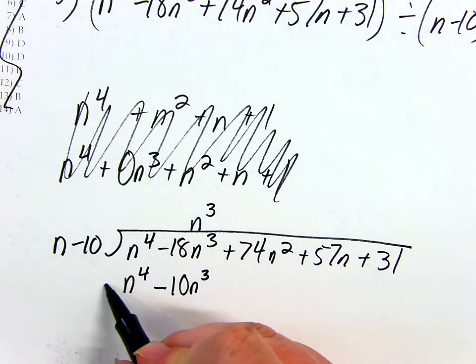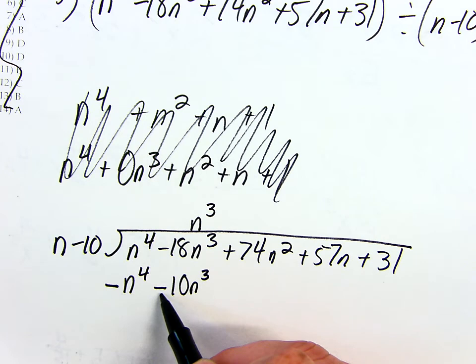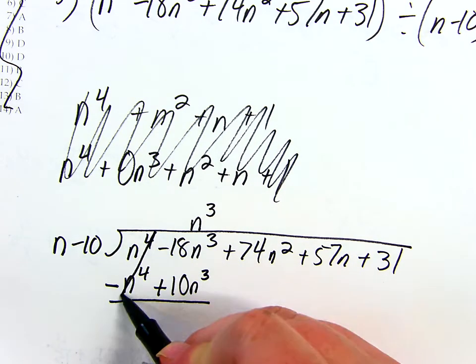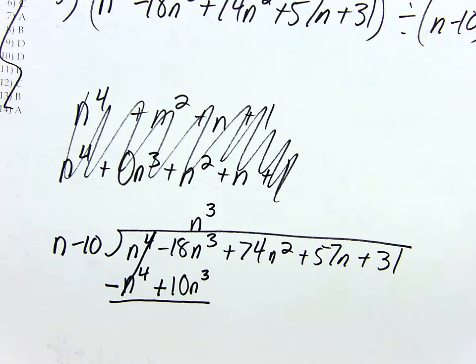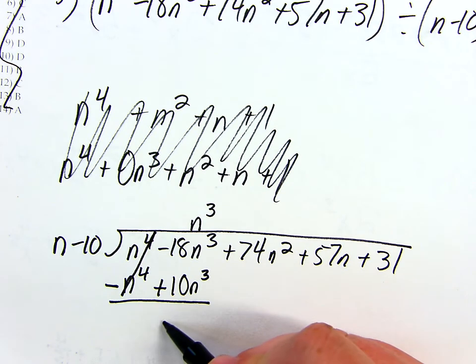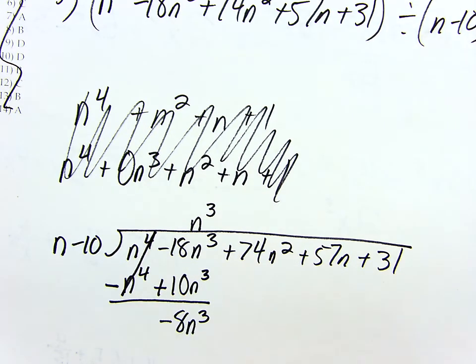So this is now a minus, and this turns into a plus, because minus a negative turns into a plus. Be careful of that. This first term should always cancel out. Always. If it doesn't cancel, something's wrong. And now, negative 18n to the third plus 10n to the third leaves me with negative 8n to the third.